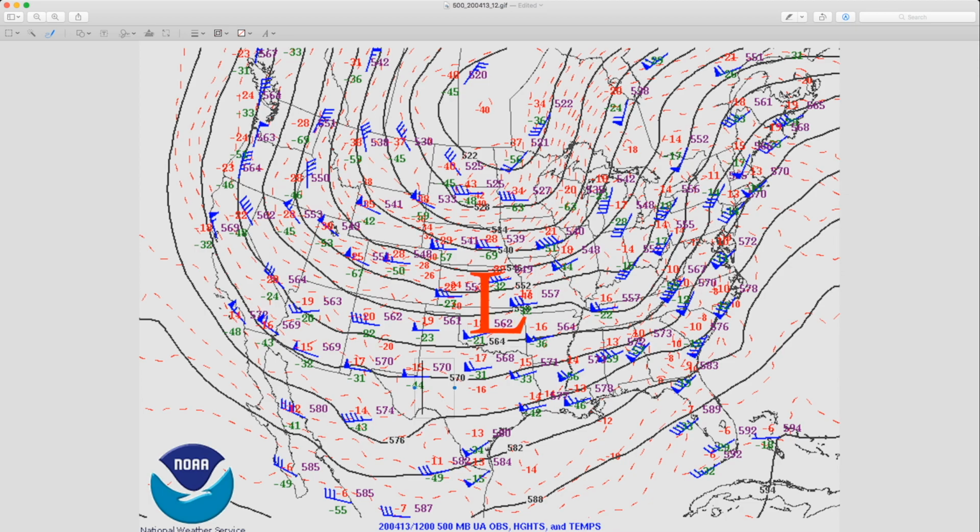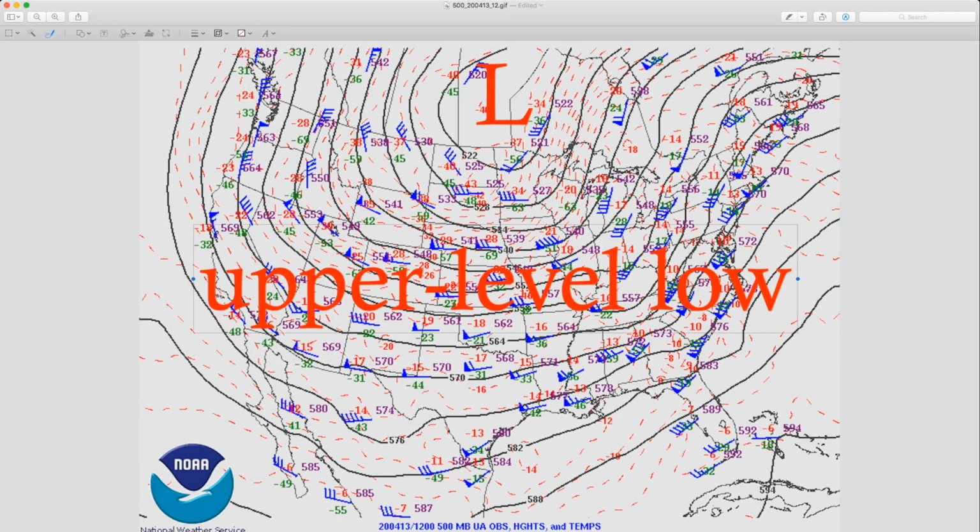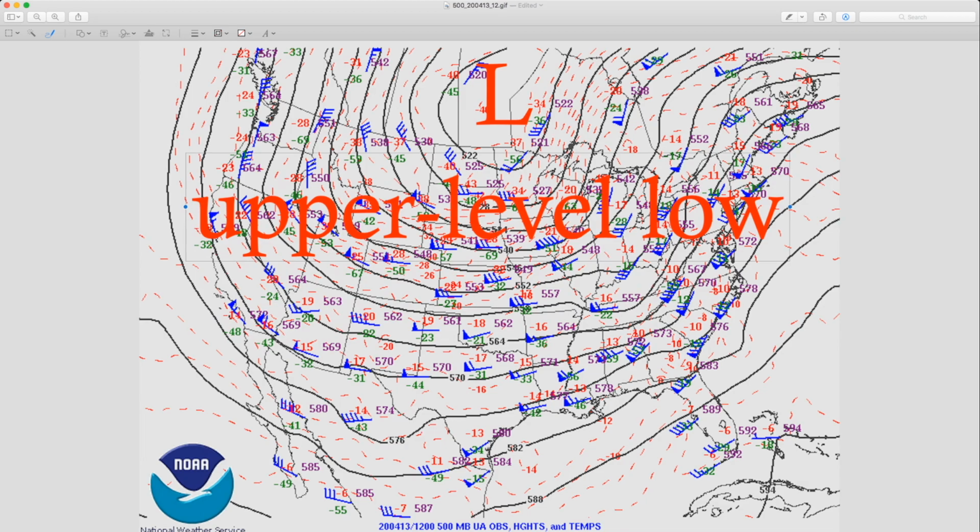Right here. This low pressure is called an upper level low. So if you ever hear that, now you know what it means. You just found one. It's a low pressure in the upper levels.